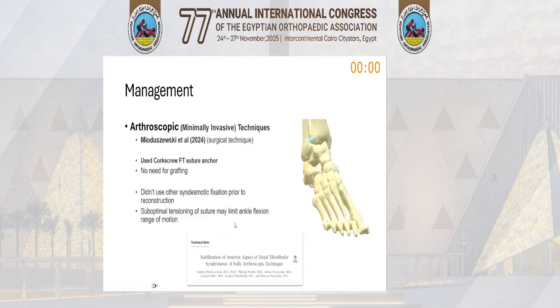Again, arthroscopic, but without tendon graft, he used corkscrew suture anchors, no need for graft. He didn't use other syndesmotic fixation prior to reconstruction. But remember, suboptimal tensioning of the suture, of course, can limit ankle dorsiflexion.